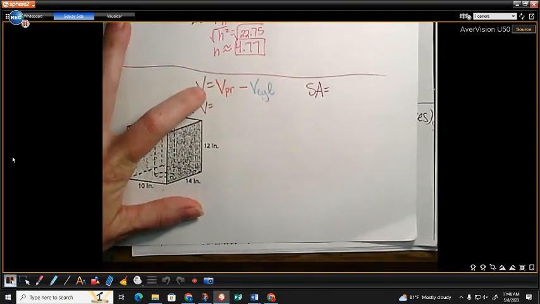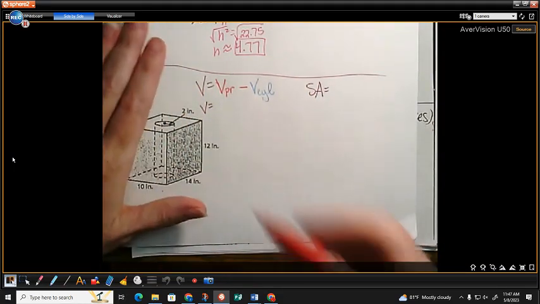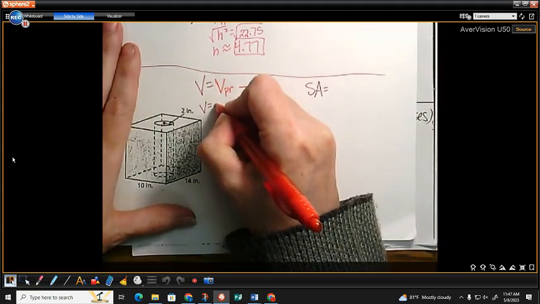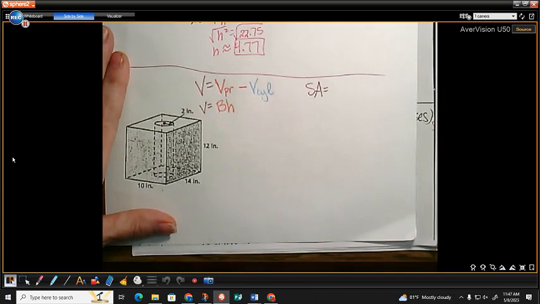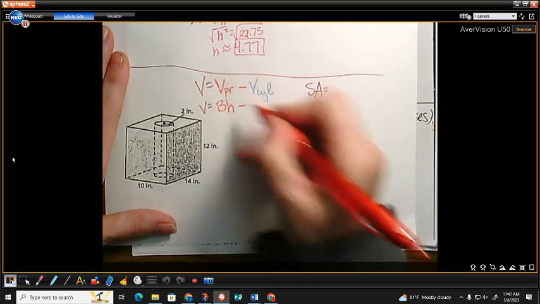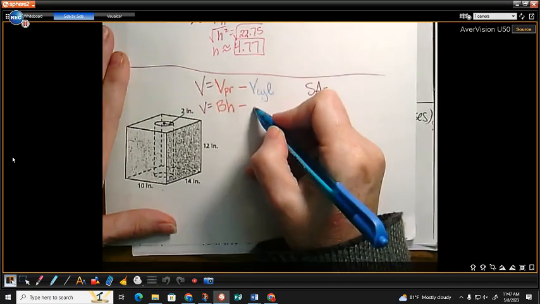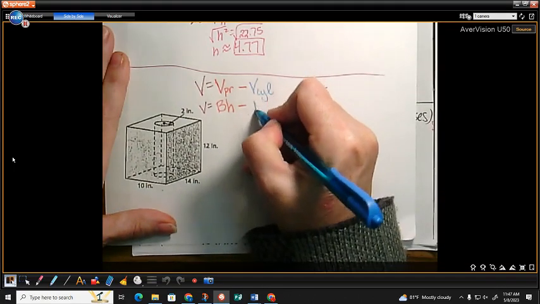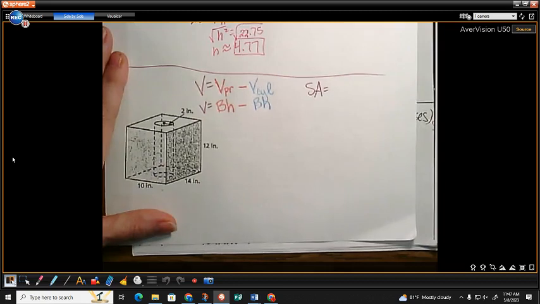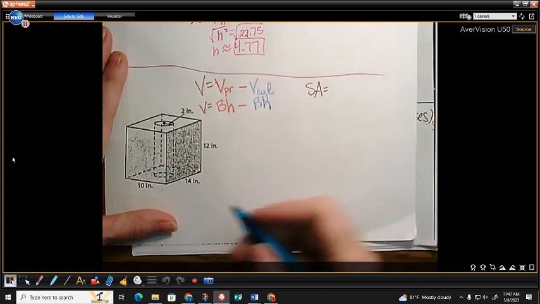How would you find the volume of this rectangular prism? The area of the base times the height. And then you would do minus, how would you find the volume of the cylinder? The area of the base times the height. Well, now you have to figure out the different base areas, don't you? Okay?